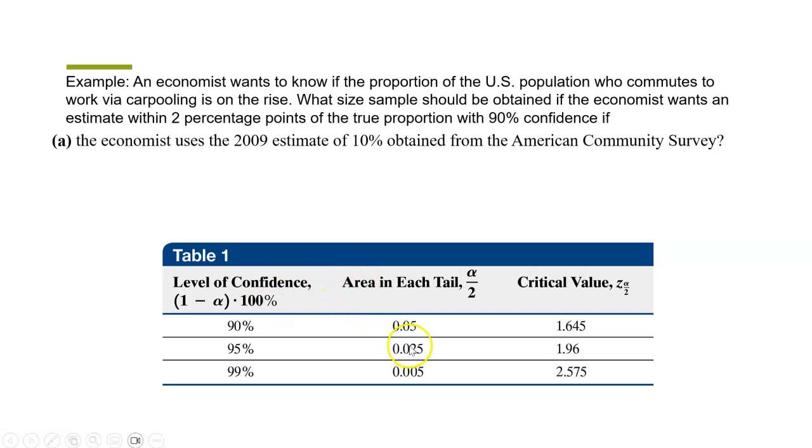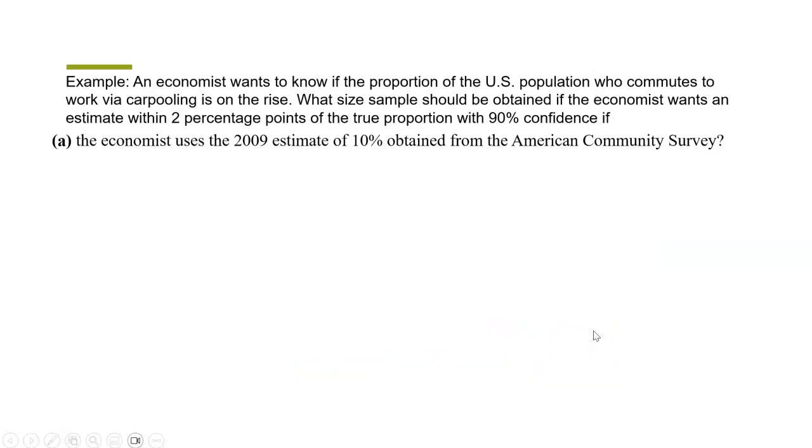I have this critical value table here, which gives us our critical value for our level of confidence. We want a 90% level of confidence, so our critical value is 1.645. Recall that if we're using a prior estimate, n equals p hat times 1 minus p hat times the critical value divided by E squared.